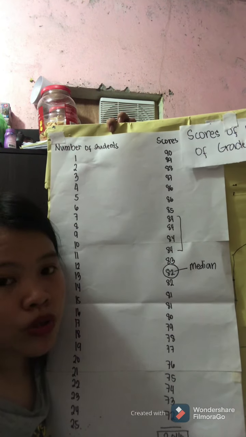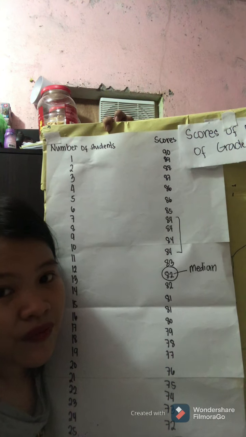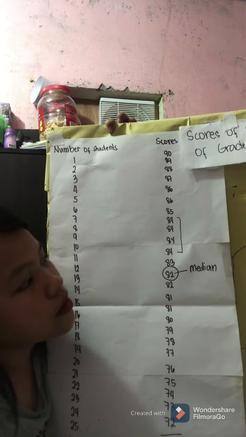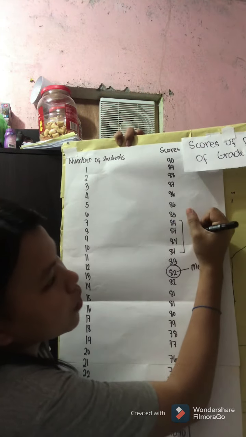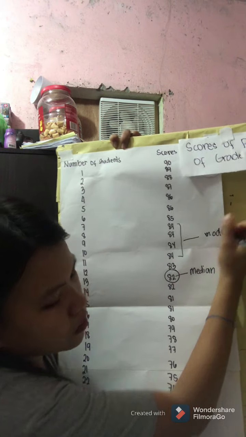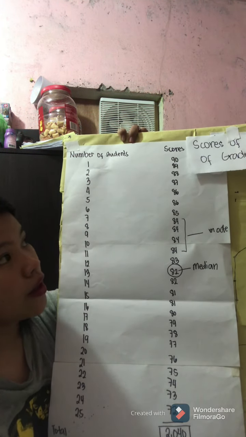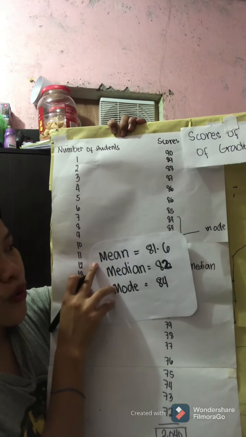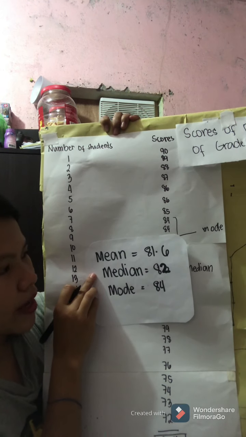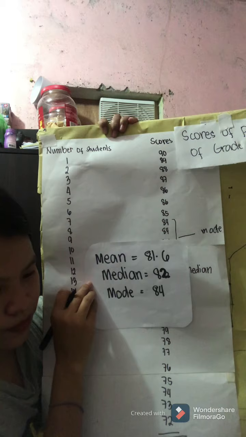So our mode is 84 because it is the only number that frequently appears in our scores. So our mean is 81.6, our median is 82, and our mode is 84.